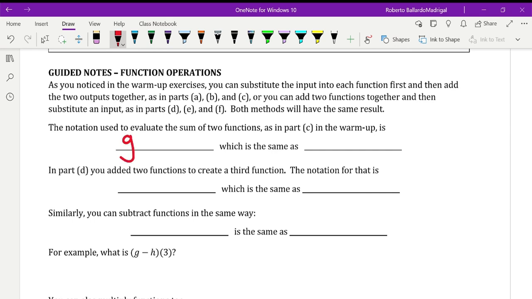So you write this down, G plus H of 3. Now, G plus H of 3 is the same as G of 3 plus H of 3. And this is just summarizing what we did in part C.